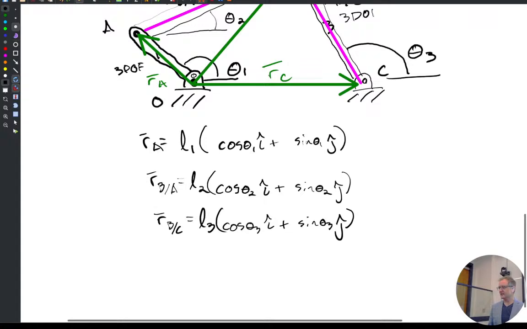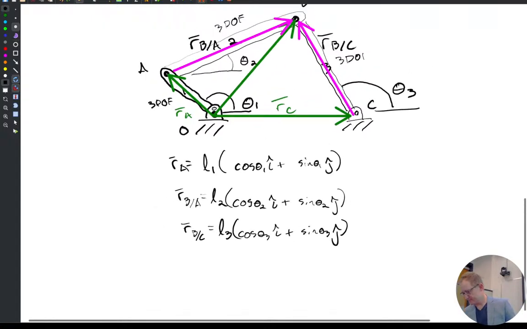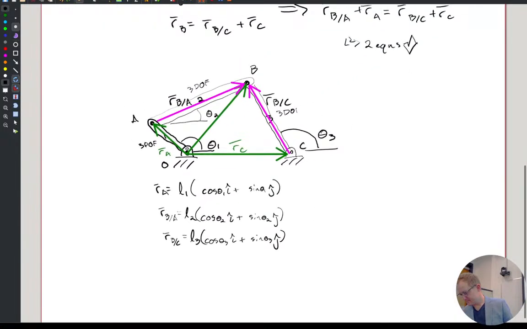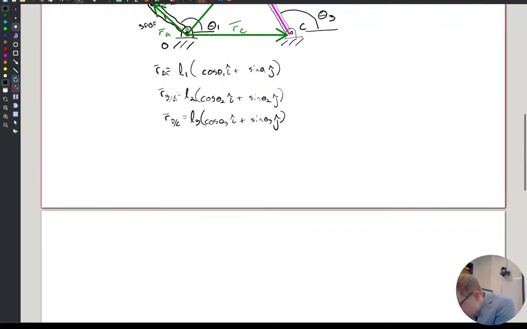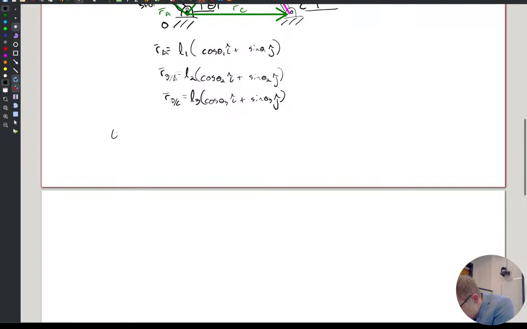Looking good. So now I can take all those I components and all the J components and set those as, okay, these are my constraint equations.